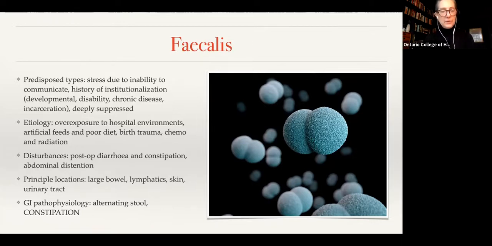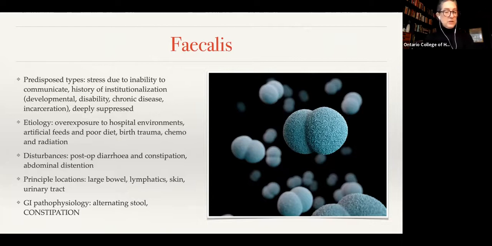There's very little opportunity for them to speak up for themselves. So the etiology is an overexposure to hospital environments, artificial feeds and poor diet, birth trauma, and chemo and radiation.